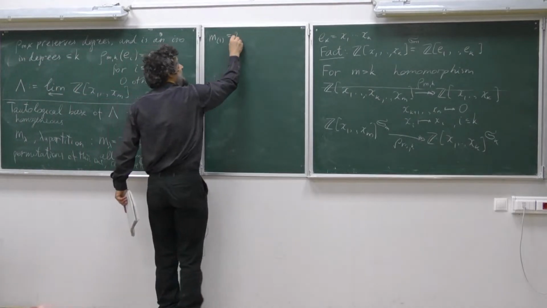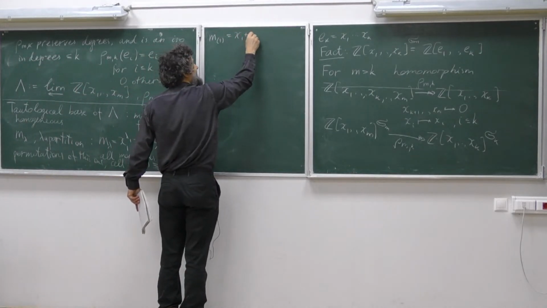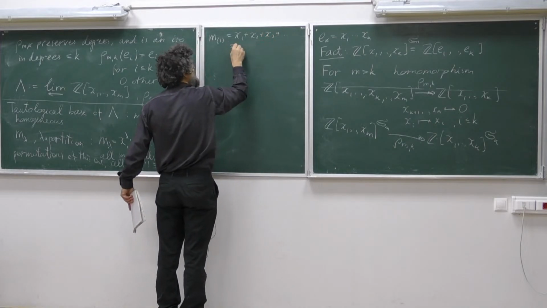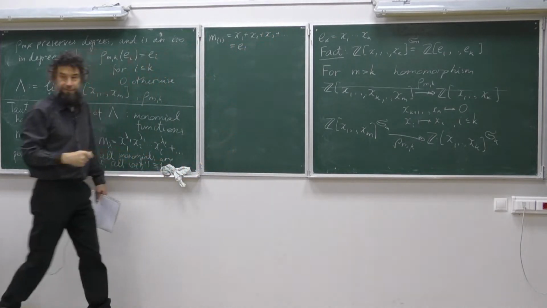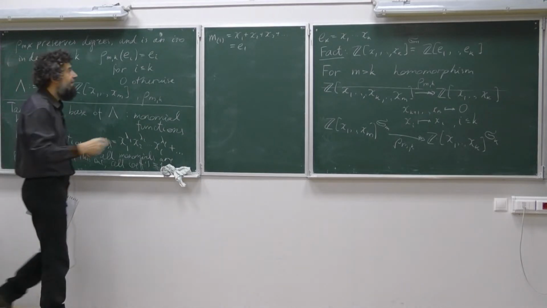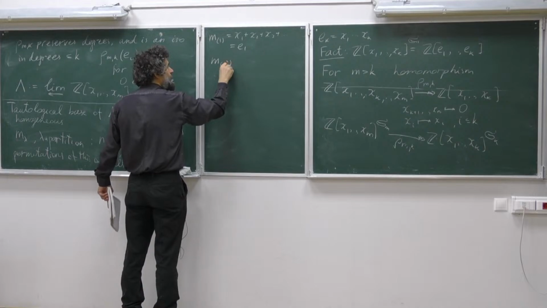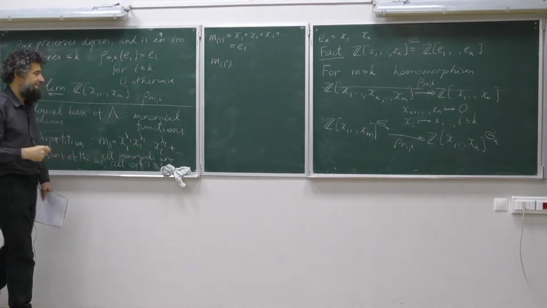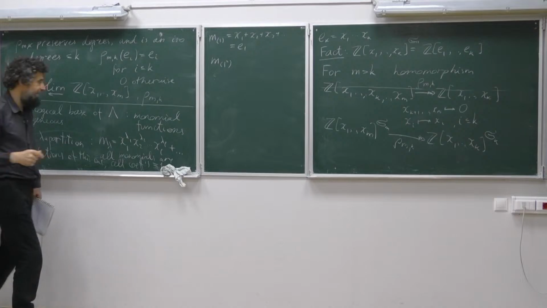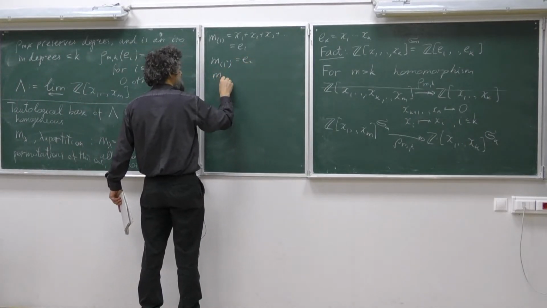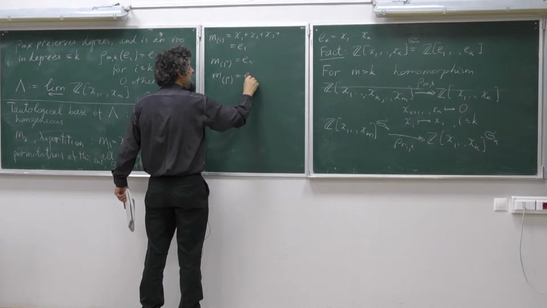No, it's x1 plus x2 plus x3 plus so on, and this is just E1, right? And what is M11? Right, and so M1 to n is En.